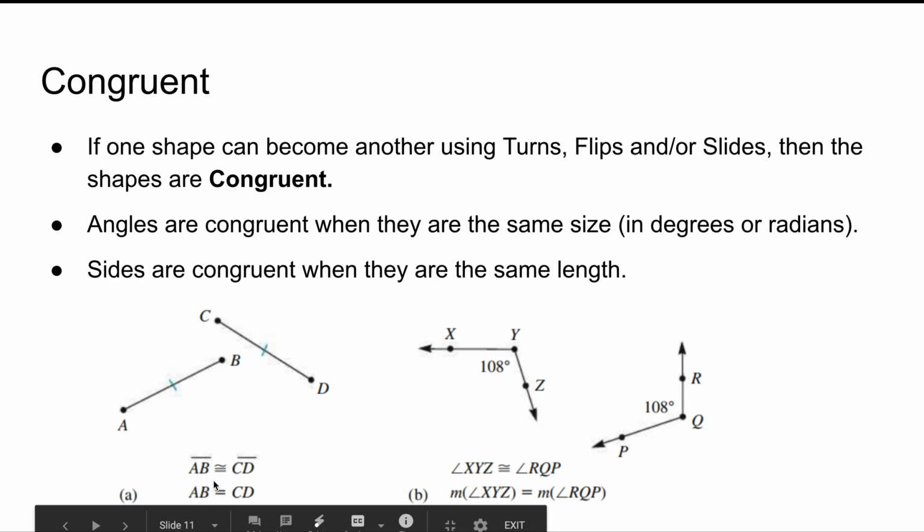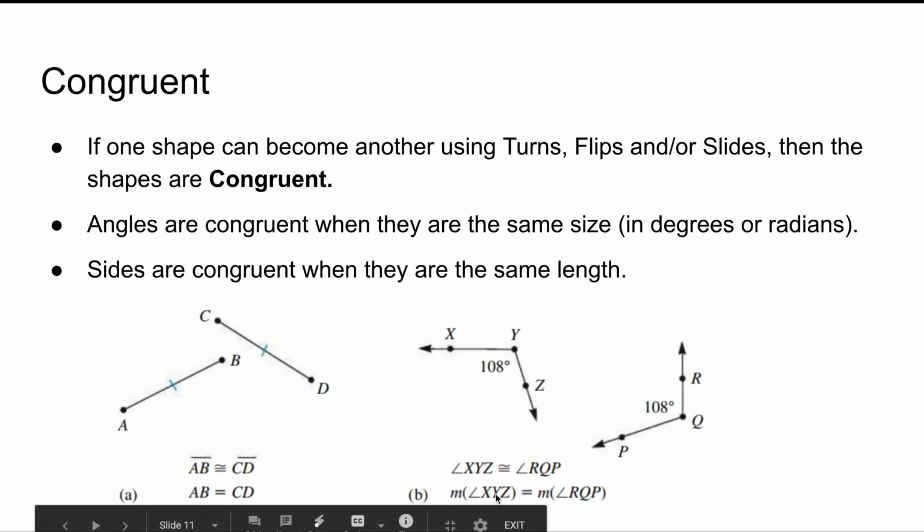But here, I didn't put the congruent sign, I put an equal sign. Why? Because without that notation, it means the distance between A and B. The length is equal, right? Because it can be written differently. Two segments are congruent, but their lengths are equal. So we put an equal sign. So be careful. Similar here. This is the name of the angle. Angle XYZ and angle RQP, we're talking about the shape, so they are congruent.